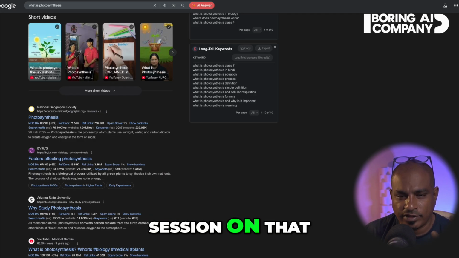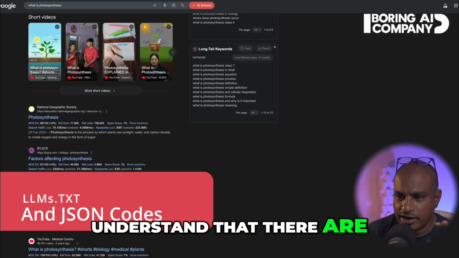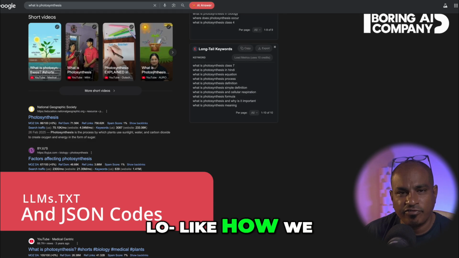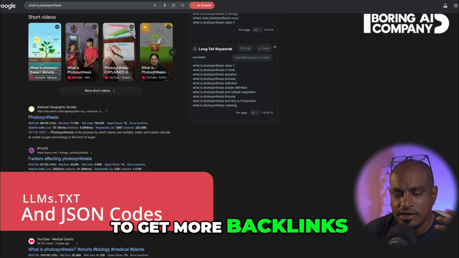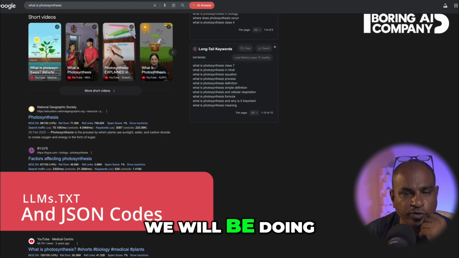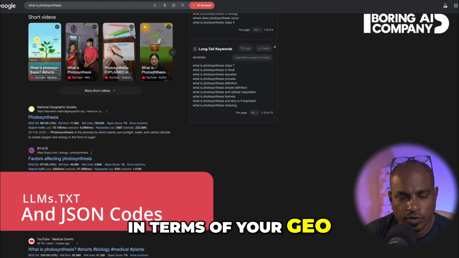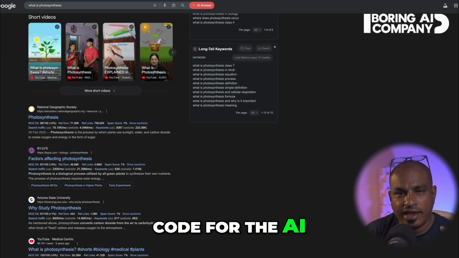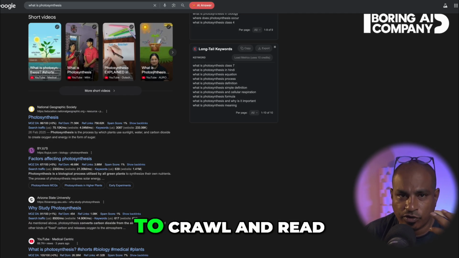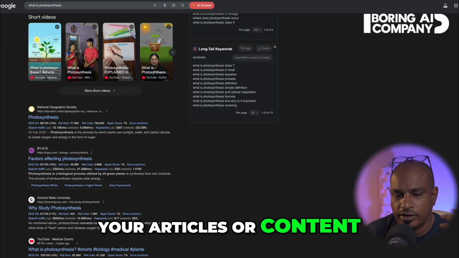So there is going to be a detailed session on that. At this point, understand that there are some technical aspects, like how we used to do off-page optimization to get more backlinks. Now this is exactly what we will be doing in terms of your GEO, which is adding some snippets of code for the AI engines to crawl and read your articles or content.